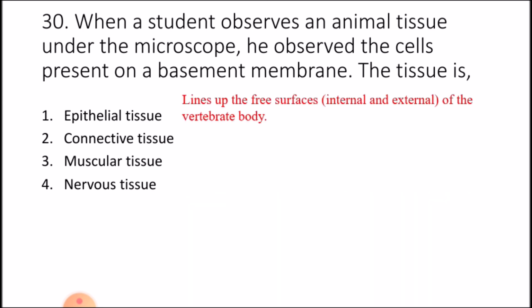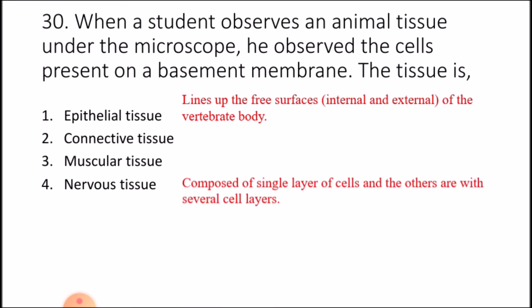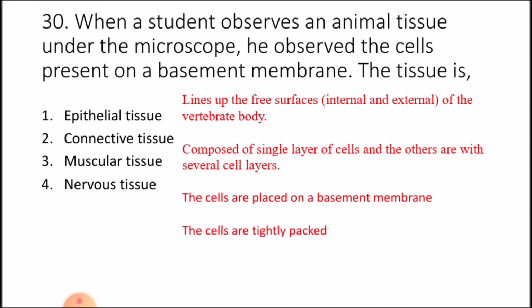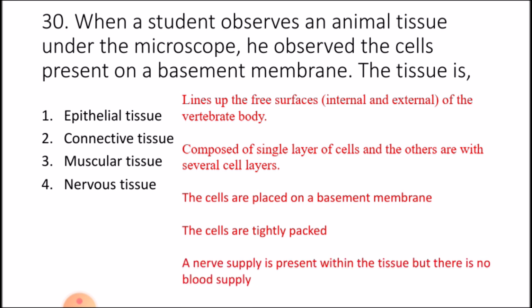Epithelial tissues line the free surfaces, such as internal or external free surfaces of the vertebrate body, and they are composed of a single layer of cells, sometimes several cell layers. They are placed on a basement membrane, cells are tightly packed, and nerve supply is present within these tissues, but there is no blood supply. Therefore oxygen and nutrient supply occurs via diffusion to these tissues. Therefore the answer is the first one.